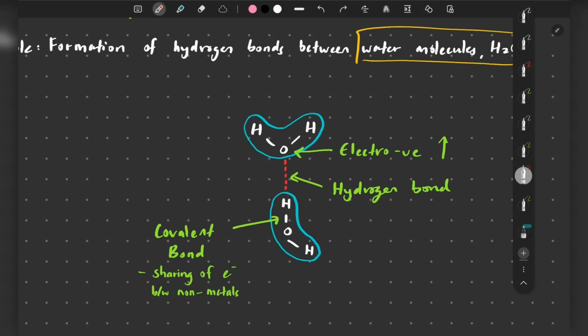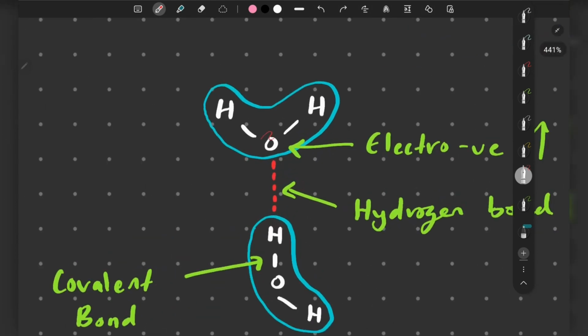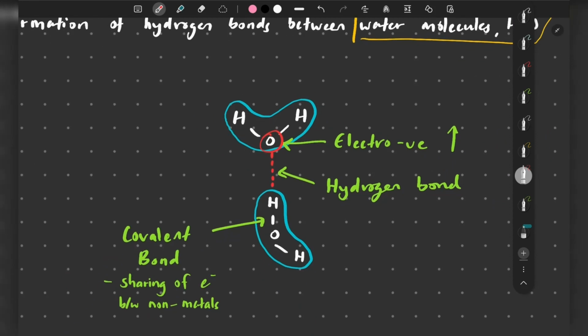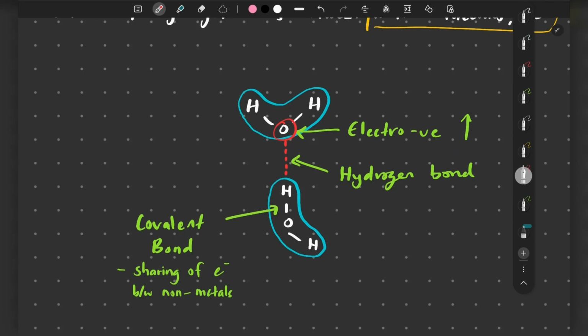Firstly, like I said before, FON, which is fluorine, oxygen, and nitrogen. We can see here we have oxygen, which is a high electronegativity atom. Then a hydrogen bond forms when the oxygen atom forms an attraction force with the hydrogen atom. Therefore, it will form a hydrogen bond.